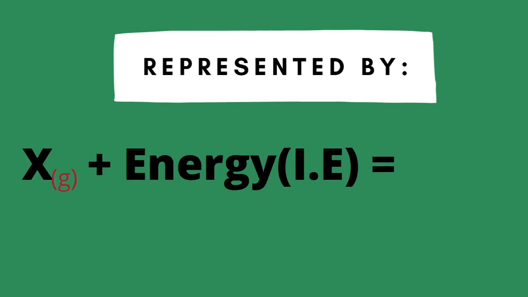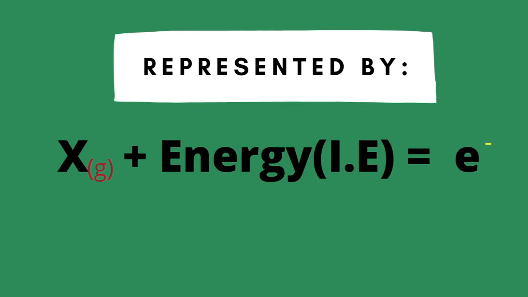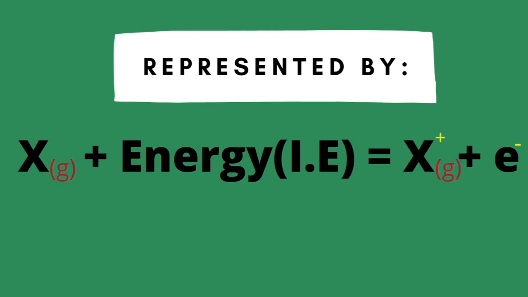When we give energy to a gaseous atom, it would remove the electron, and when we remove an electron from an atom, it will form a plus charge. So we give it energy, then it will lose an electron, forming a positive charge.